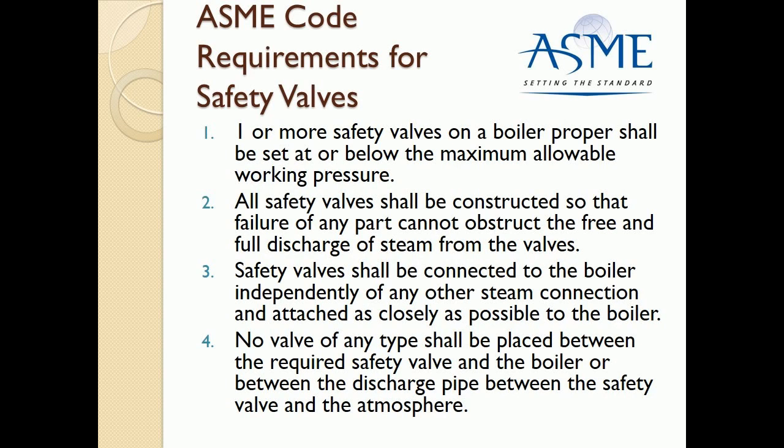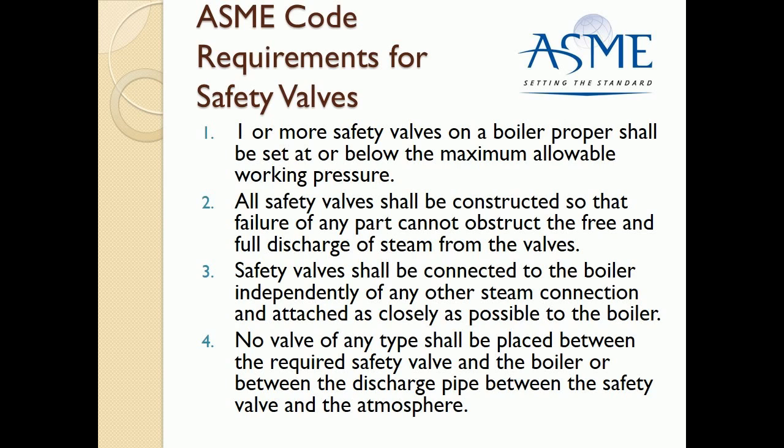Here are the ASME code requirements for safety valves. 1. One or more safety valves on a boiler proper shall be set at or below the maximum allowable working pressure. 2. All safety valves shall be constructed so that failure of any part cannot obstruct the free and full discharge of steam from the valves. 3.